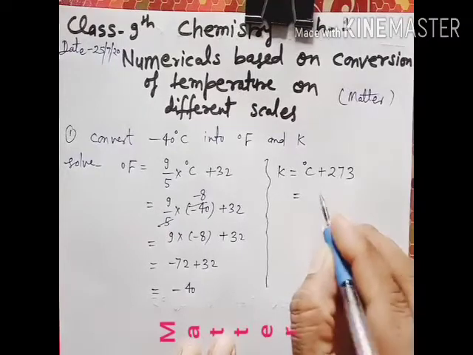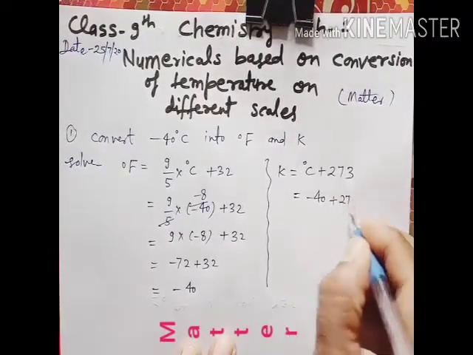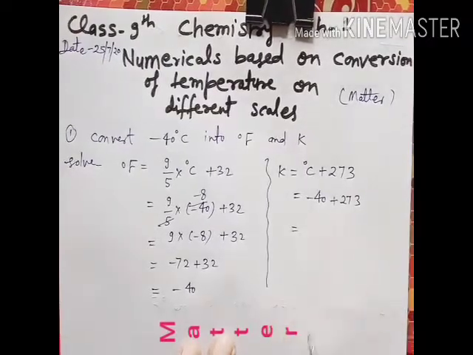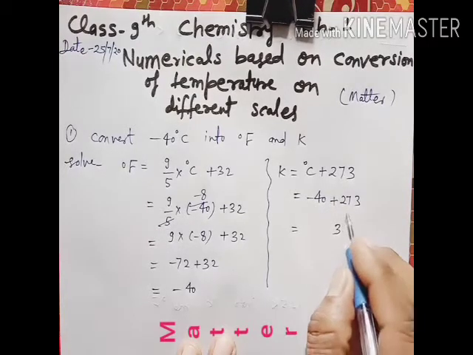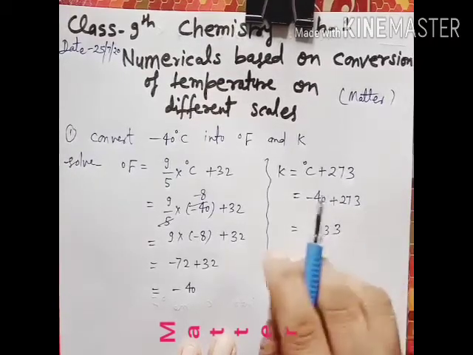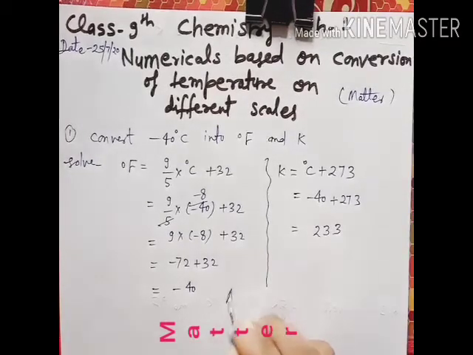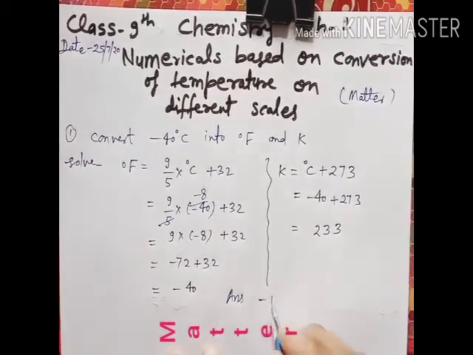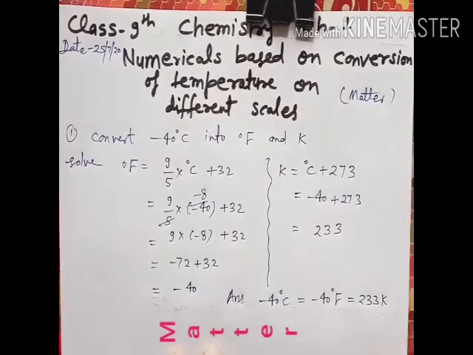We have to put the value of temperature in degree C: minus 40 plus 273 is equal to 233. Dear student, now the answer is minus 40 degree C is equal to minus 40 degree F is equal to 233 Kelvin.